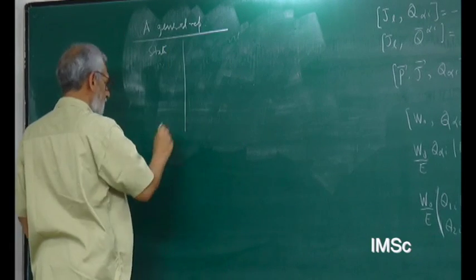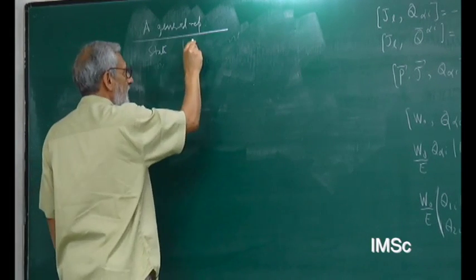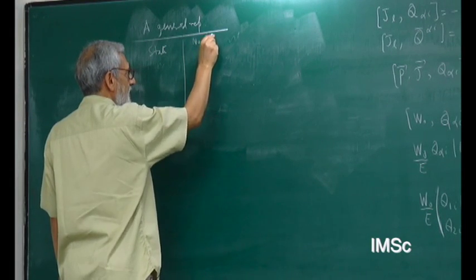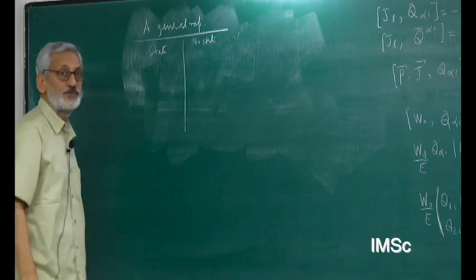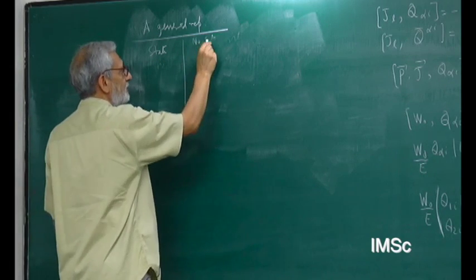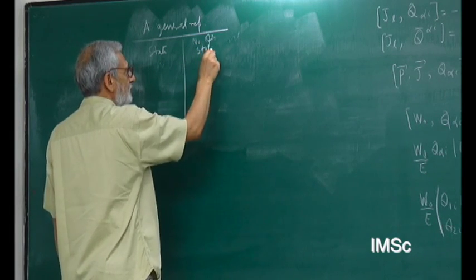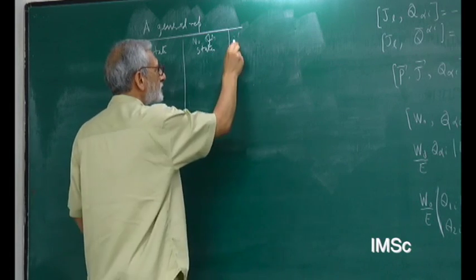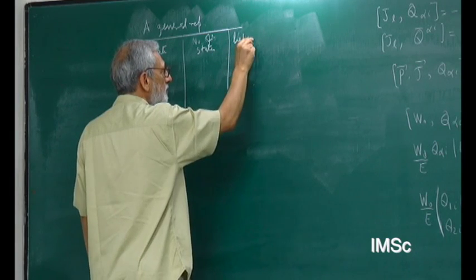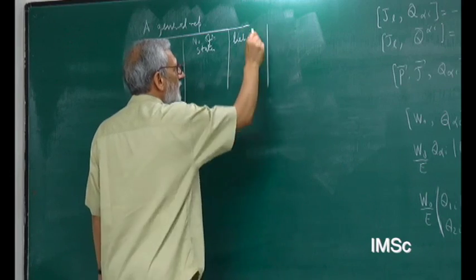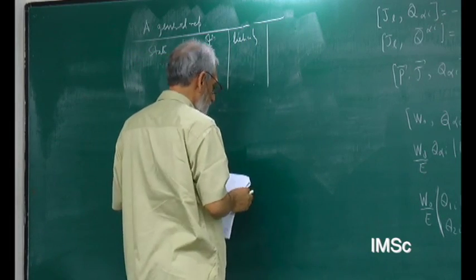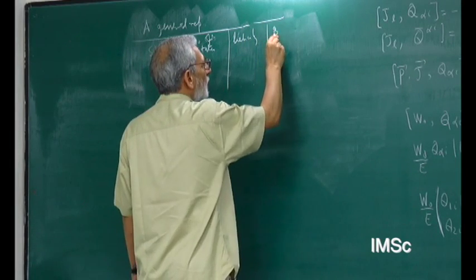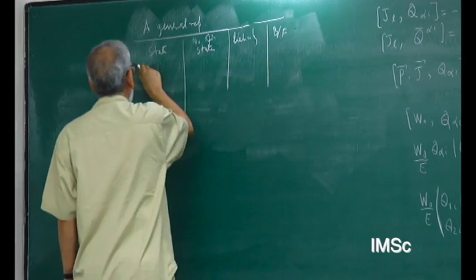Label the states, label the number of states of that kind, number of states, and helicity value. And whether they are bosonic or fermionic, I'll list them separately.